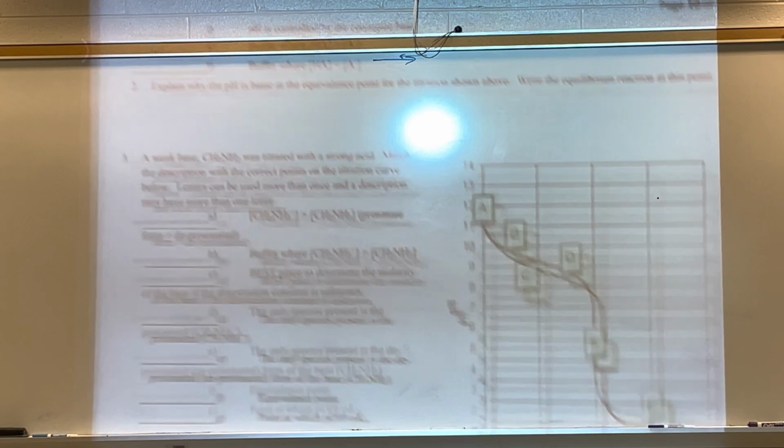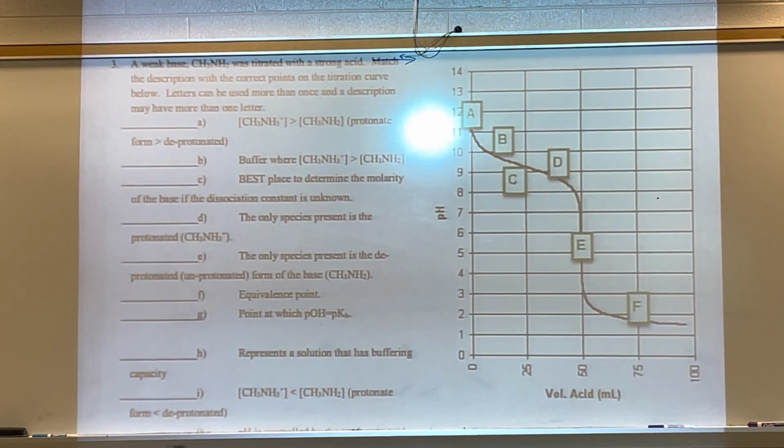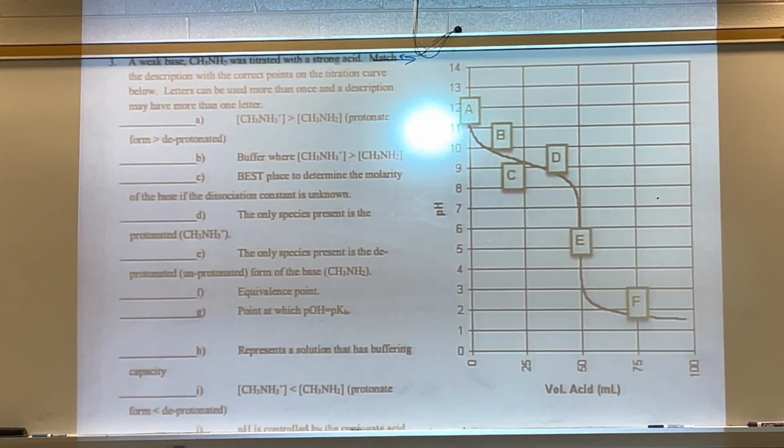Now here's the same thing in reverse. We have a weak base and a strong acid. So what type of salt's made? An acidic salt. Notice the pH at the equivalence point is below 7. Where is CH3NH3 plus greater than CH3NH2?